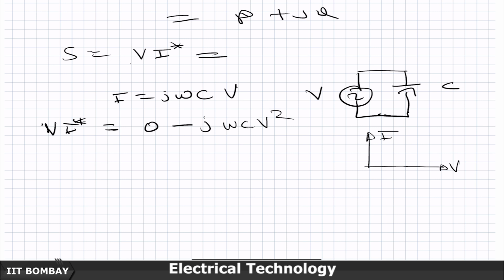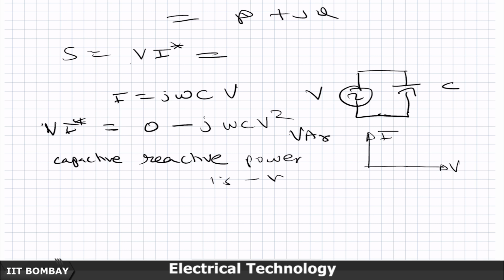The units, again I said volt amperes, we write as VAR to show that it is reactive; on an average it is not going to do any work. So, the capacitive reactive power is negative.